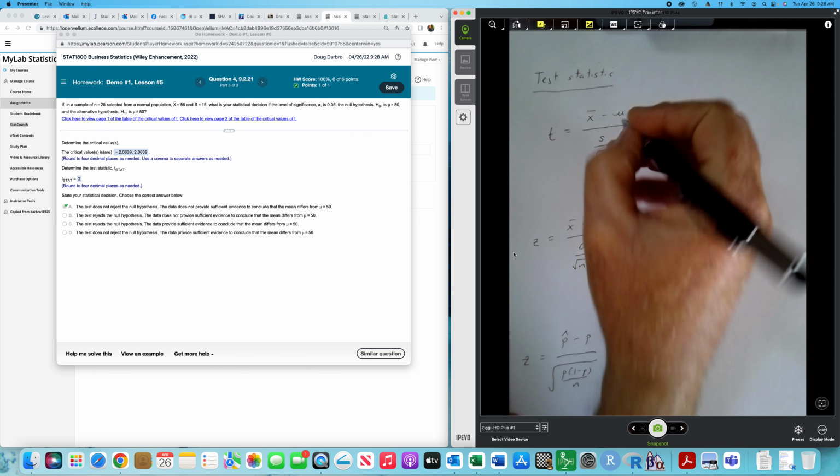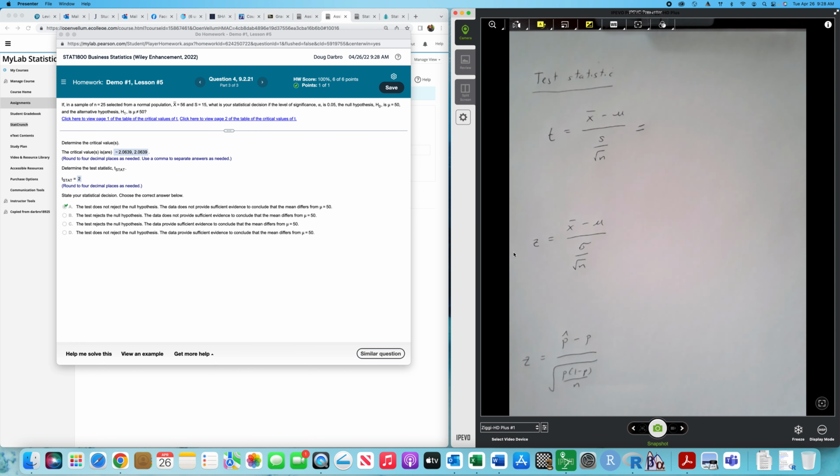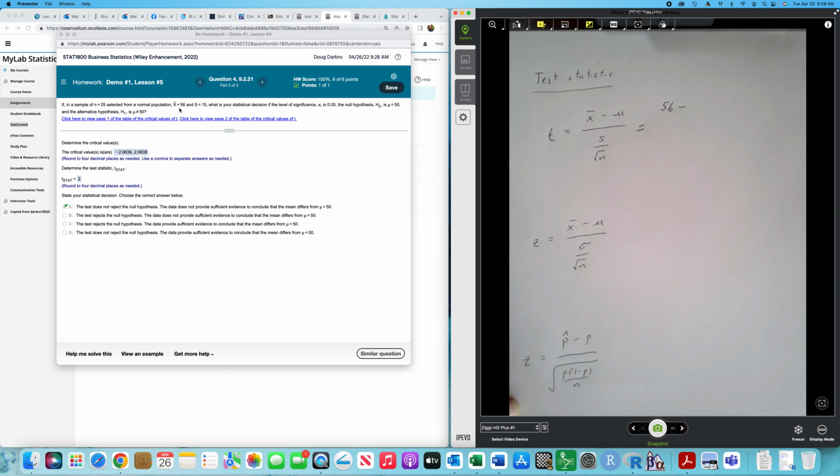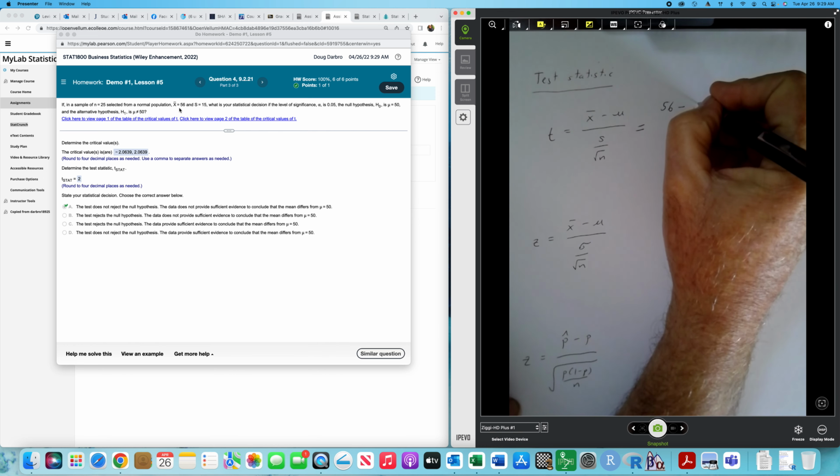But what I have in this case is a test statistic T as denoted by the T right here, then STAT. So I need to put in the sample mean, which is 56. I need to put in the hypothesized value for mu, which is 50.